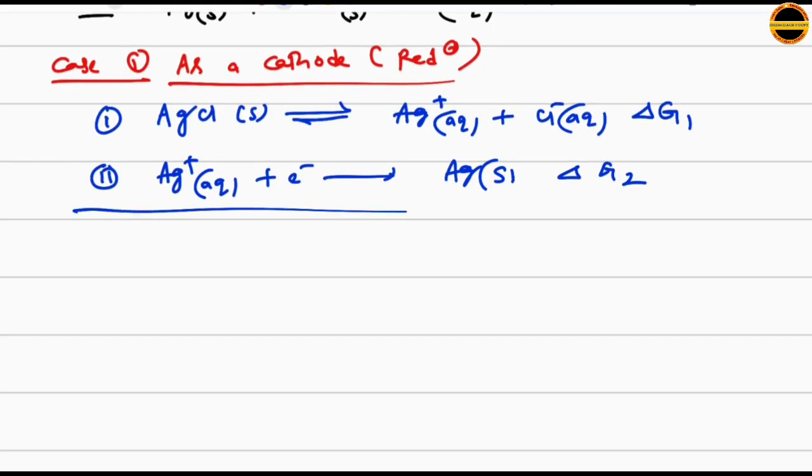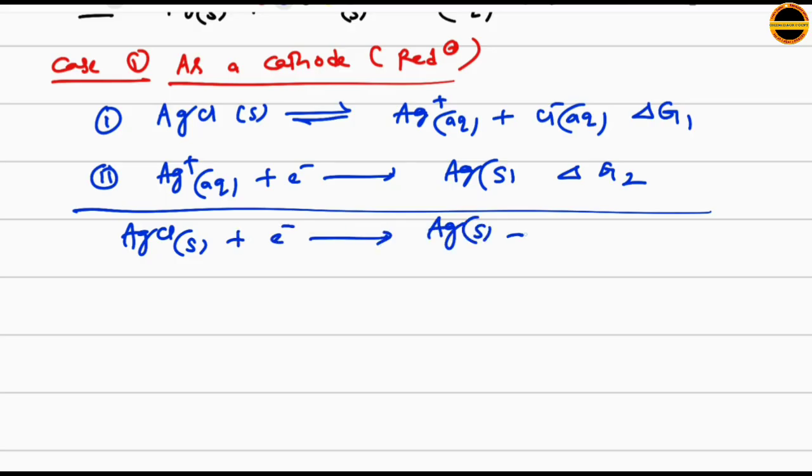Adding both, the net cell reaction is AgCl solid plus electron gives Ag solid plus Cl minus aqueous. Remember, this is important. I consider it as delta G3.